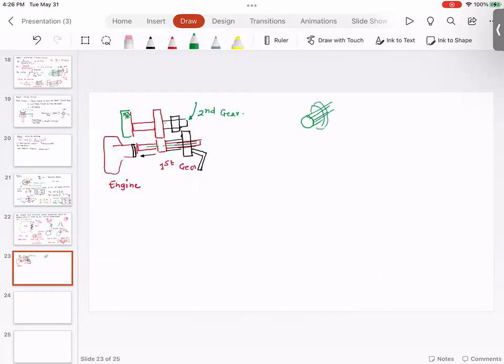Then you would have a shifter lever, or some type of hydraulic system, or usually differential pressure diaphragms that would shift the whole thing left or right. Okay, I'm going to stop here, but we'll continue the discussion in the next class.